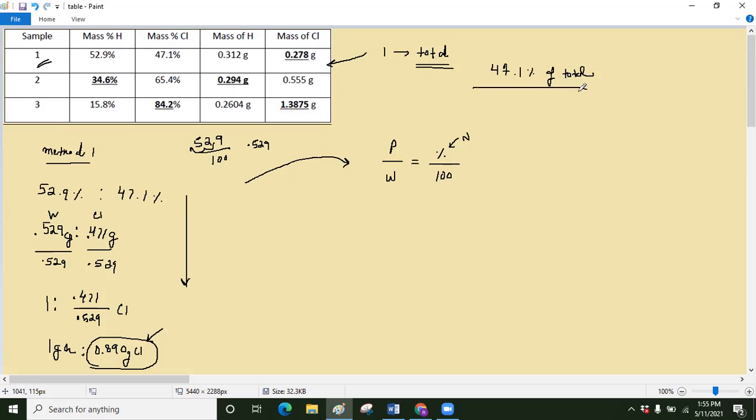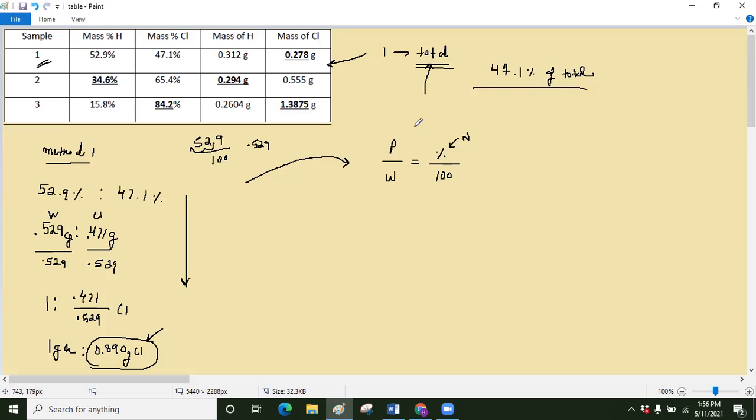And so it's an attractive proposition that if we just find the total, then 47.1% of that total will in fact be your mass of chlorine, right? If 52.9% of that total in grams is hydrogen, then 47.1% of that total will be chlorine. So in this case, total and whole are sort of synonyms.